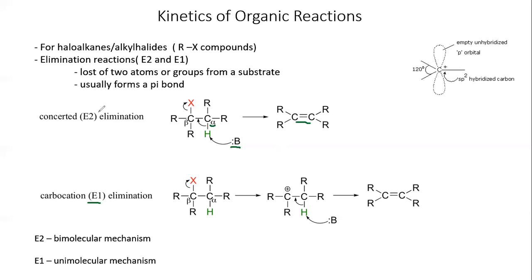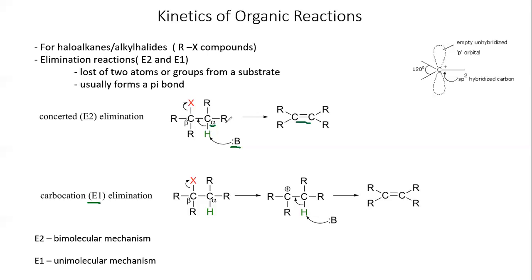Now, whether or not it goes through E2 or E1 depends on the strength of the base. Strong bases will undergo E2 as long as the alkyl halide, of course, is either a methyl, primary or even secondary alkyl halide.